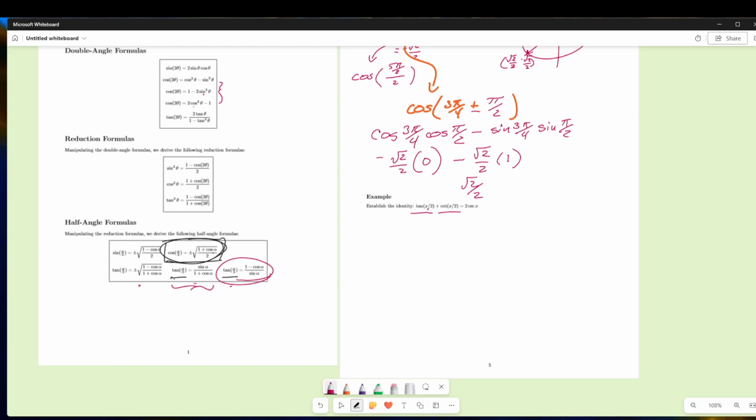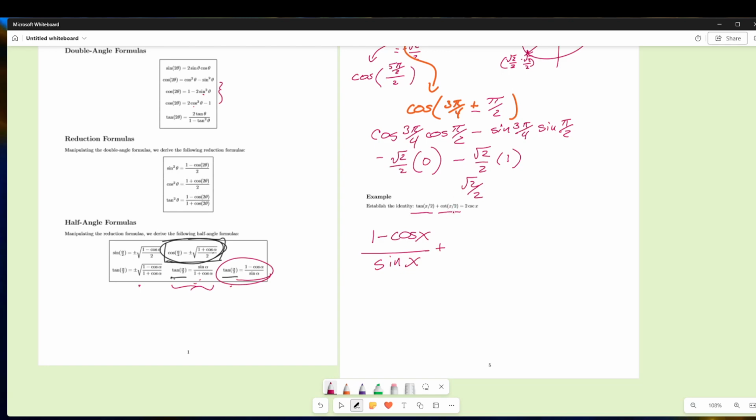Tangent of x over 2, so that's going to be the sine of x over, I said I was going to use this one. Let me stick with what I say. 1 minus the cosine of x over the sine of x plus, now the cotangent is the reciprocal of tangent.